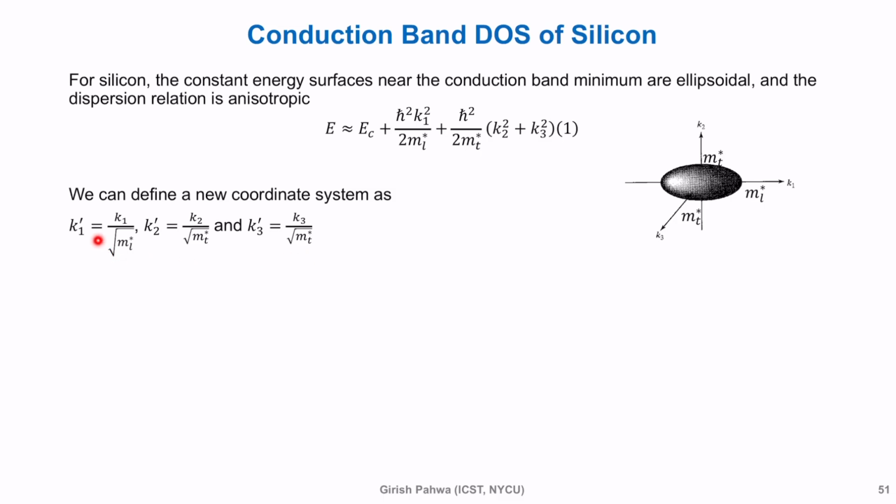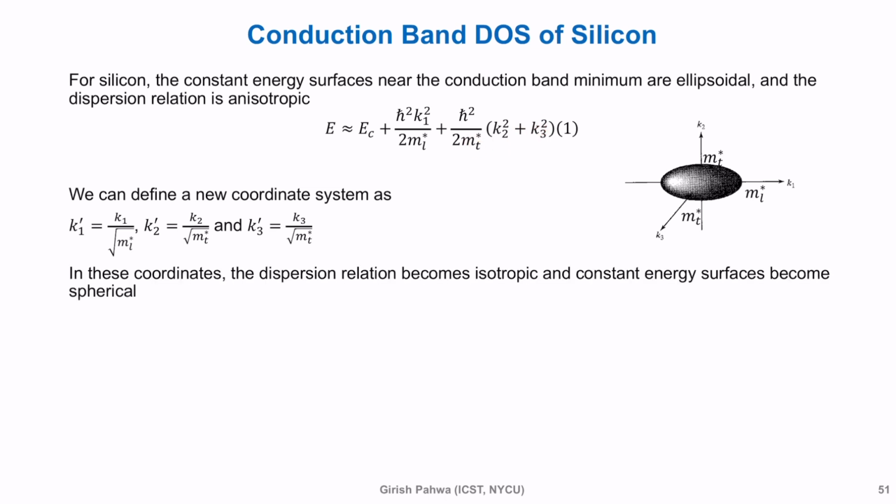If I define my new coordinate system by k1 dash, k2 dash and k3 dash, I can express this equation in a very simple form. Plug in k1 square as k1 dash square times ml star, so that ml will get cancelled. Similarly, for k2 and k3, mt star will get cancelled.